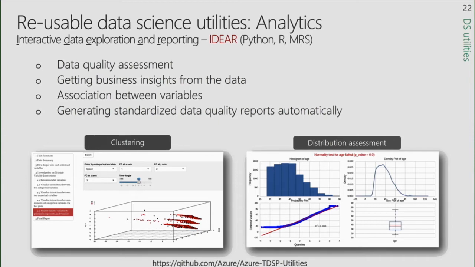So we have this utility called Interactive Data Exploration and Reporting, available in Python, R, and Microsoft R Server for big data. The outcome is that you use one tool across your project to do data exploration, and once you're happy with how the data plots and so on look, which you can do in an interactive mode, you can save some of this information in a standardized report.